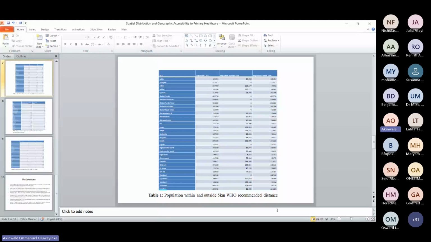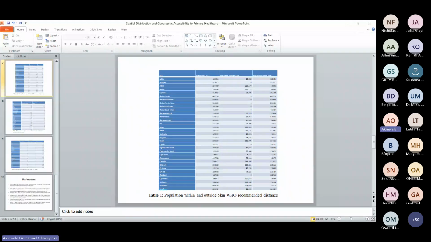So these are the populations outside the 5 kilometer distance, and this means that the population in this category will travel more than 5 kilometers to access the primary healthcare facility. As a result, one of the disadvantages is that the patient might even die before getting to the healthcare facility.